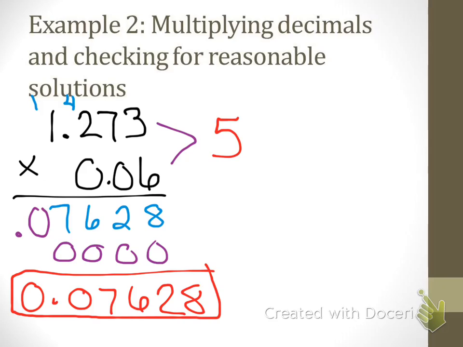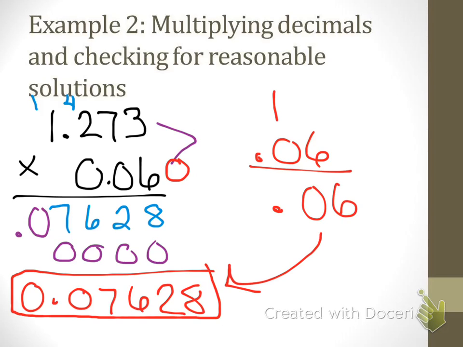Now we need to check to see if our answer is reasonable. Okay? So to check to see if our answer is reasonable, we want to round. Okay? And we get 1 times 0.06, which is 0.06, and that's pretty close to 0.0728. Okay?